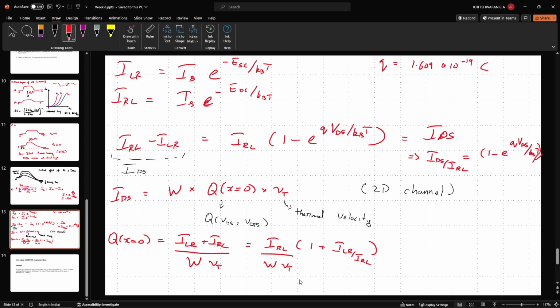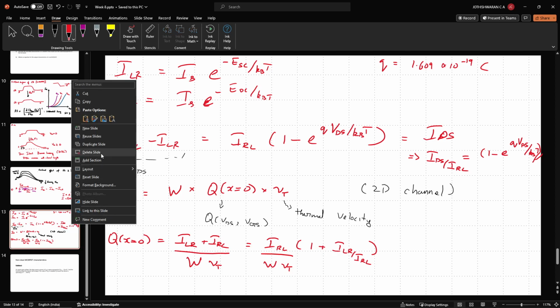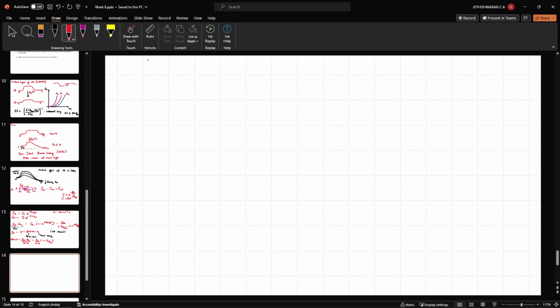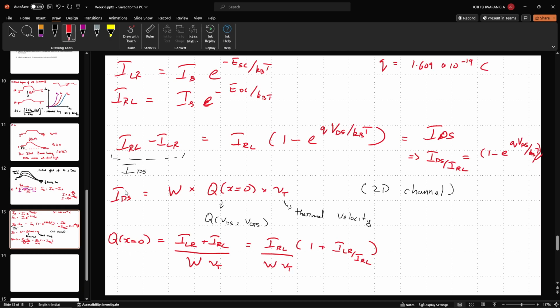So we will substitute the value of Q over here, and then we will substitute the value of IDS by IRL, and that will give us finally, wait a second, am I correct here, or should I write it as, oh, I'm writing it as e to the power e, right?